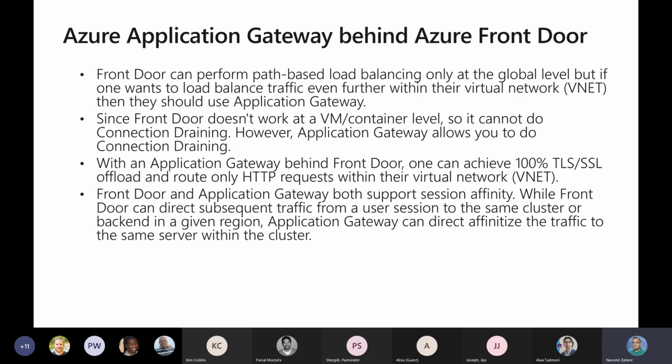Then yeah, why not? It may be okay to use front door only, because you still get web application firewall and all those things and DDoS protection. But if you are hosting VMs, or AKS clusters, and you are using App Gateway Ingress Controller, then maybe it's a good idea to use App Gateway Ingress Controller and use Front Door in conjunction.